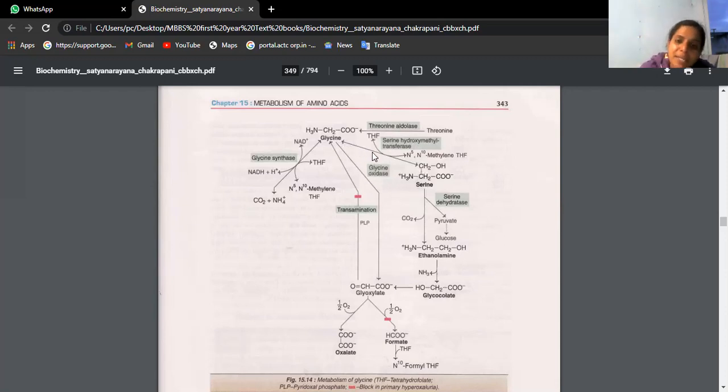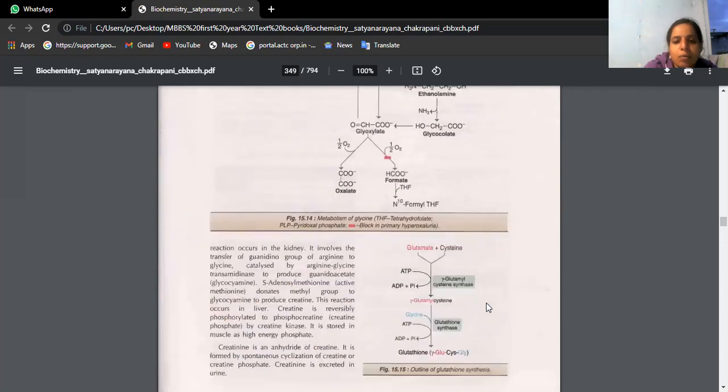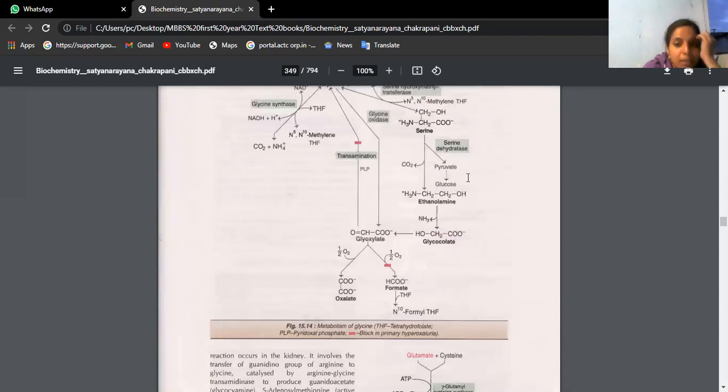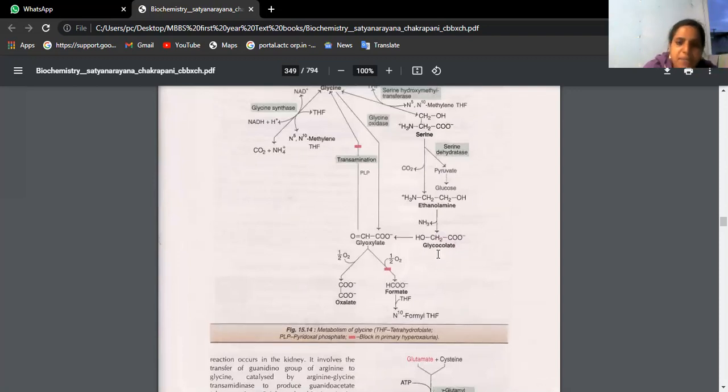Suppose if glycine is getting converted to serine, from serine we have the formation of ethanolamine. From ethanolamine we have the formation of glycocolate. From glycocolate we have glyoxylate. From glyoxylate we have the formation of oxalate. Then from glyoxylate we have formate. Then we have N5N10 formyl tetrahydrofolic acid. This is one way chain we have seen.